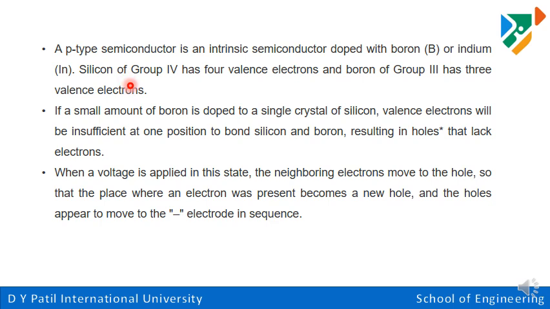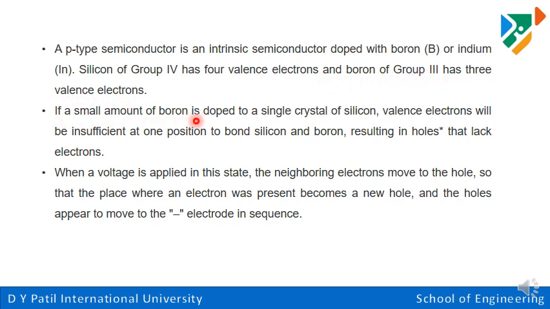A p-type semiconductor is an intrinsic semiconductor doped with boron or indium. Silicon, a group 4 element, has 4 valence electrons, and boron, a group 3 element, has 3 valence electrons.